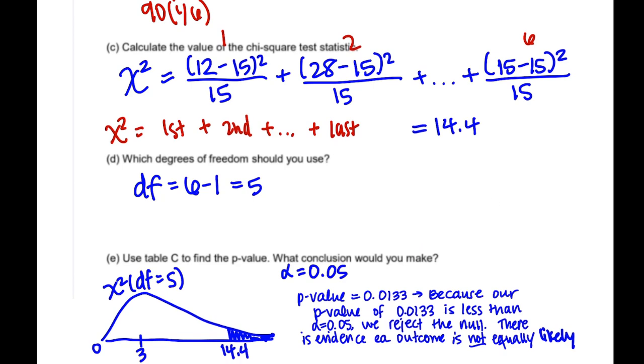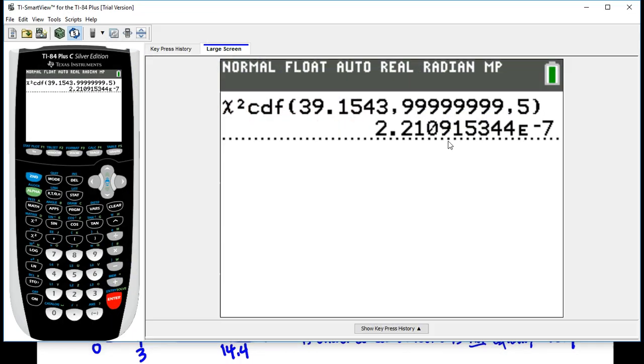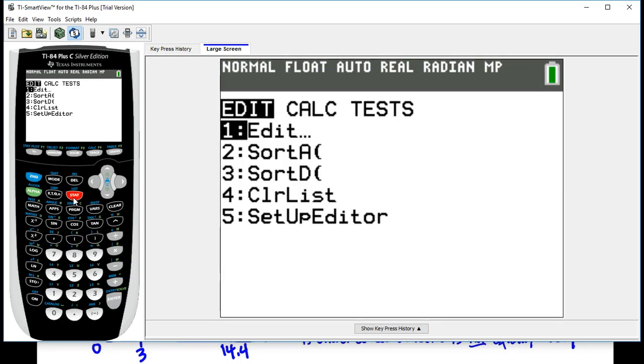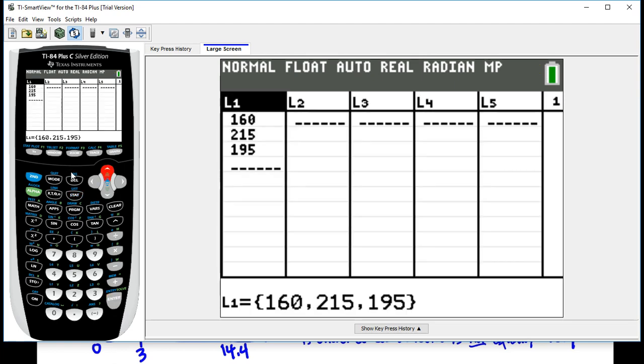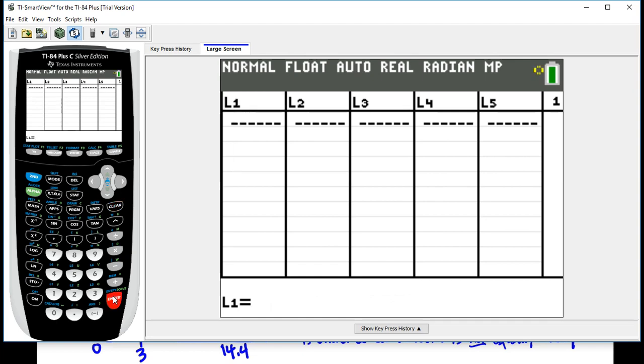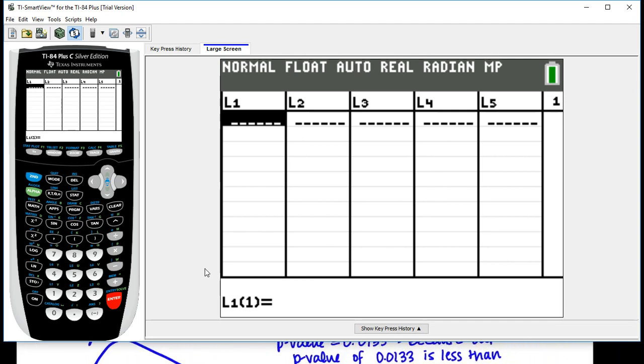Now I do want to show you a little bit more about the calculator because there's more you can do here. So everyone get out your calculator and hit stat enter. And so for this problem, we can use our lists. They're very helpful in organizing all of the numbers that we have. So first thing I can do in my L1 is put the observed. And I'm gonna write this down for us while we go.